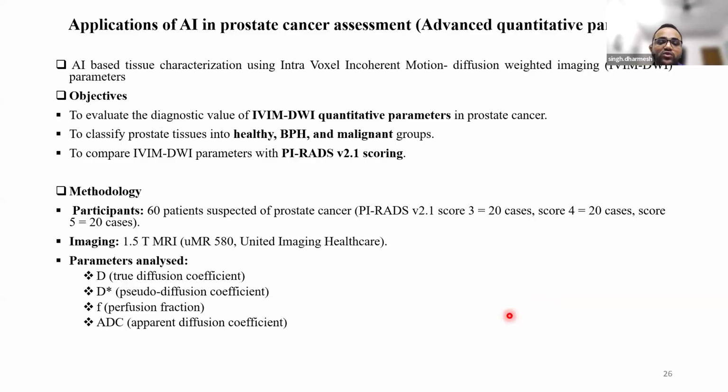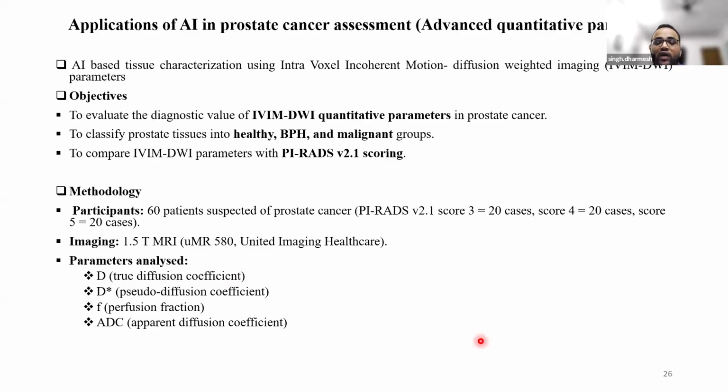Secondly, the second objective is to classify the prostate tissue into healthy, BPH, which means benign prostate hyperplasia, and the malignant group, and also compare the IVIM parameters with PI-RADS scores. In this study we studied around 60 patients suspected of prostate cancer, with the help of our clinical collaborator, and we used a 1.5 Tesla uMR 580 United Imaging Healthcare machine.